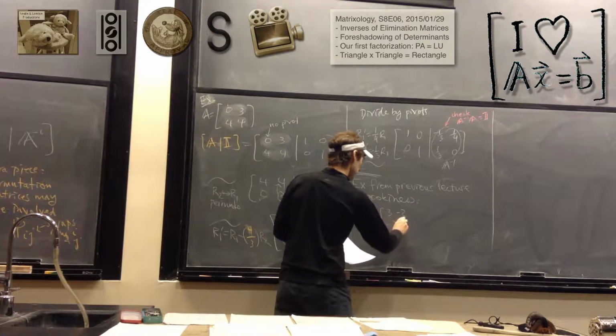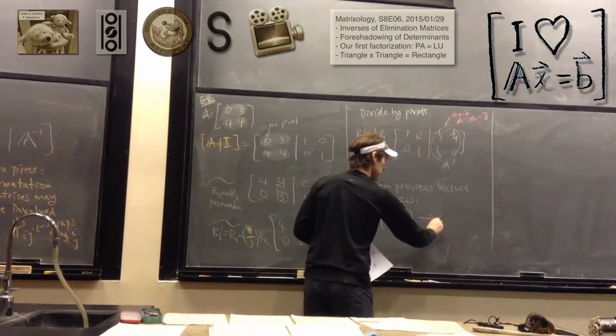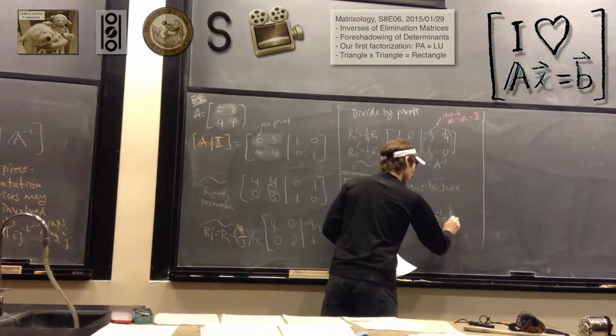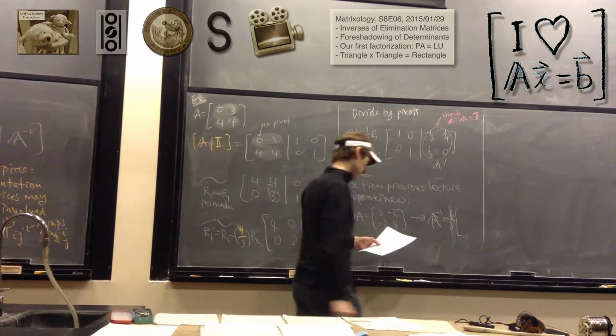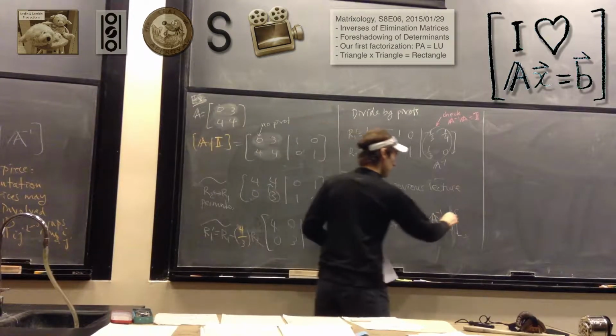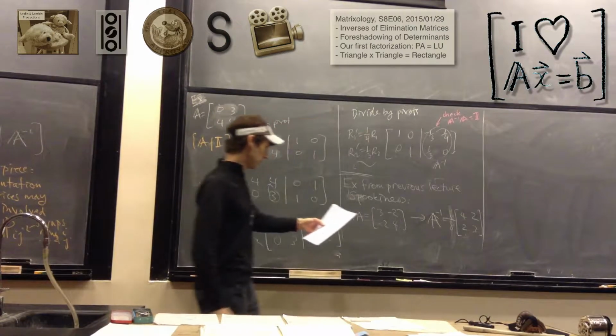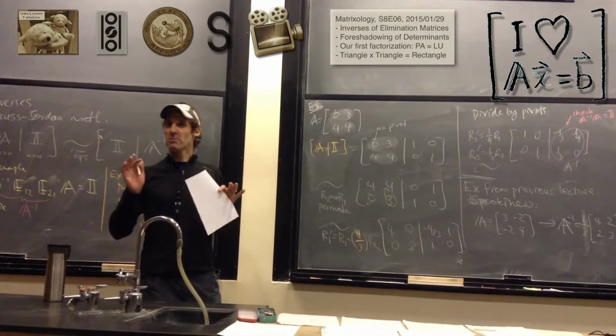We worked through this and found that A to the minus 1 is, and I pulled out an 8 just to clean it up, but there was actually a bit of a stronger reason: 4, 2, 2, 3. Secrets, weird things.